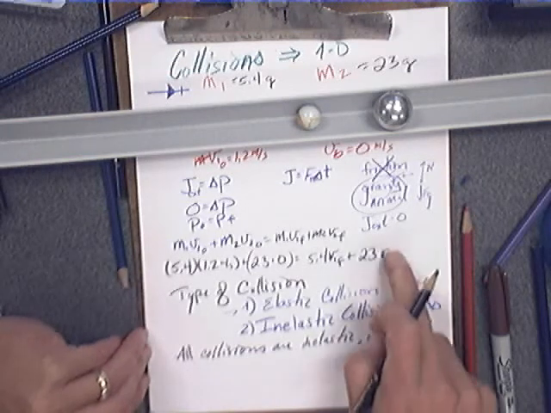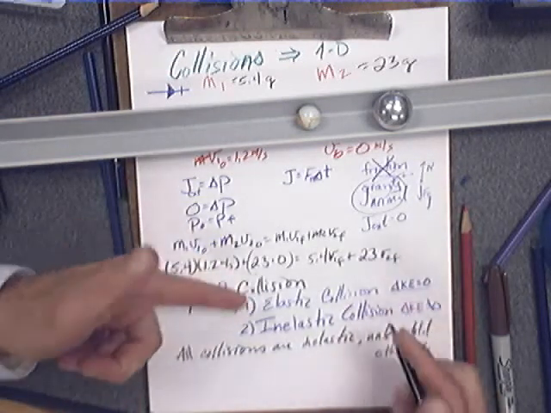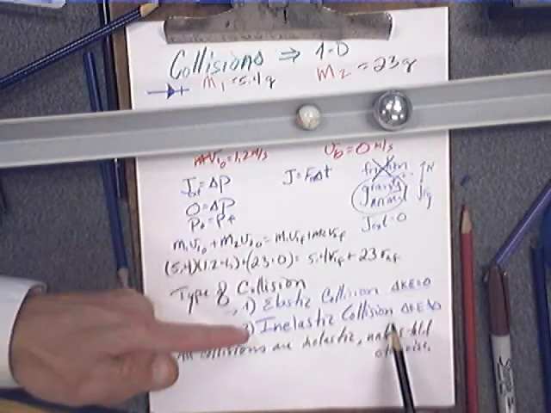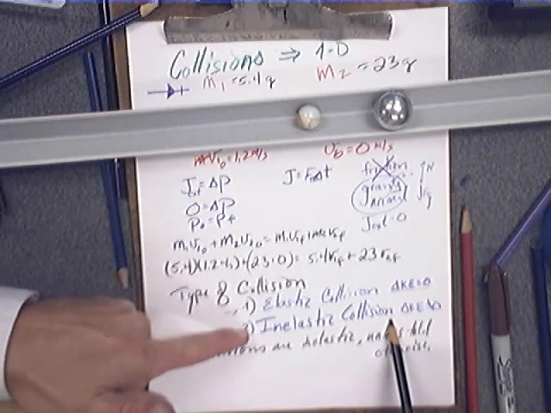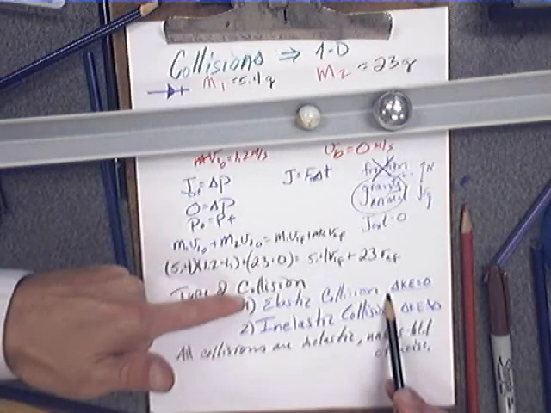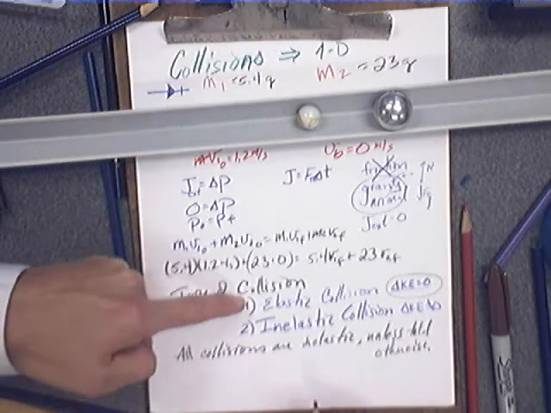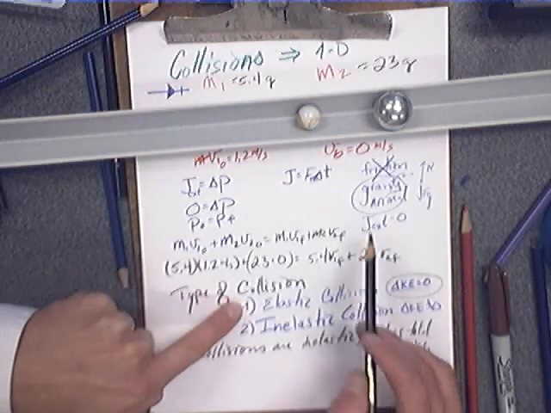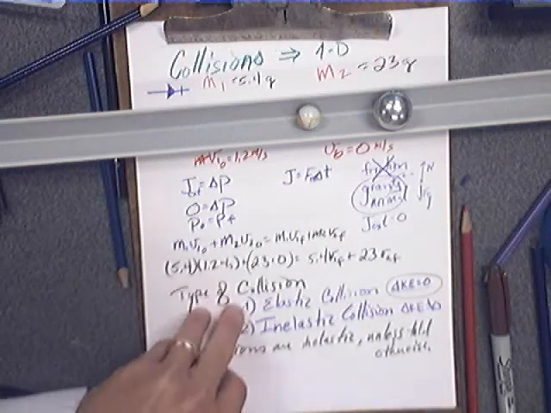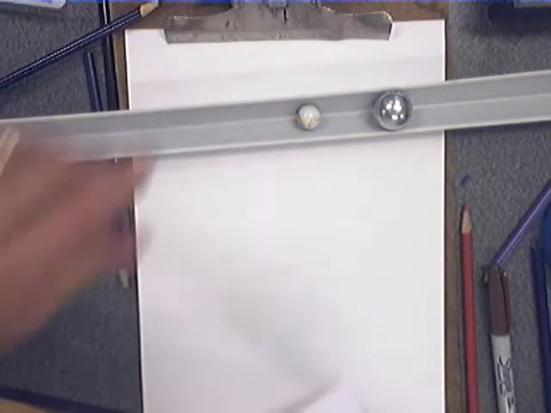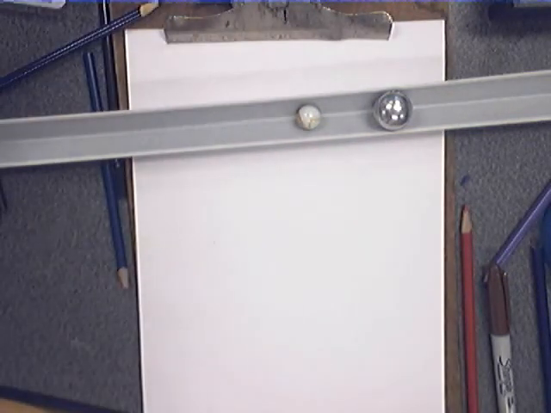So you need some more information, and you get it when I tell you one of the final velocities, or when we talk about it being an elastic collision, where the change in kinetic energy equals 0. I think this one's an elastic collision, partly because it allows me to keep talking.